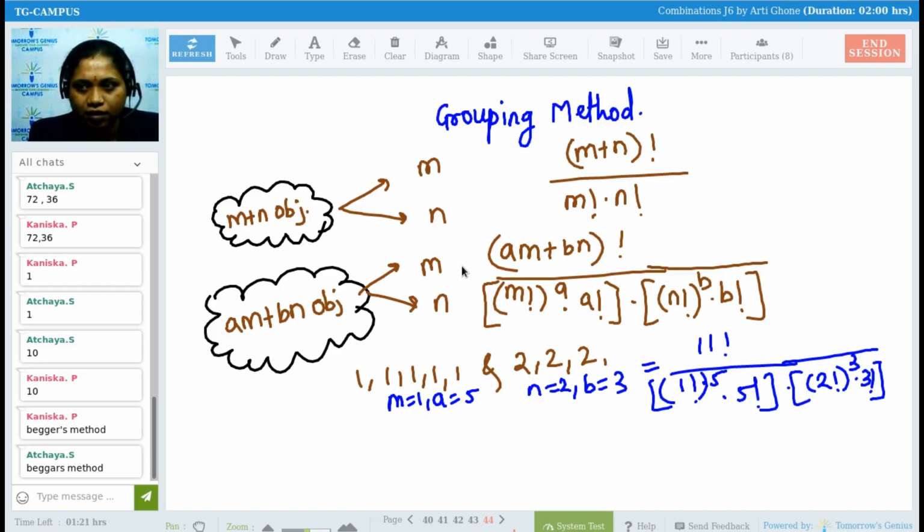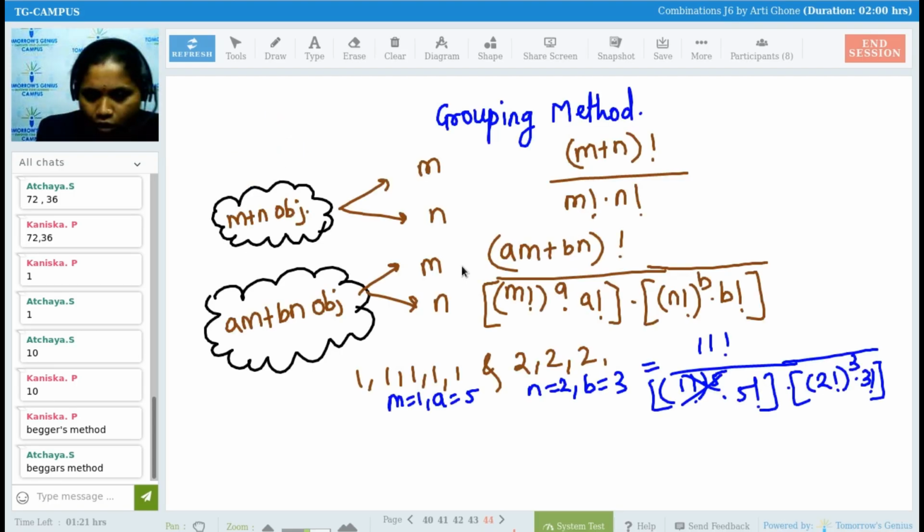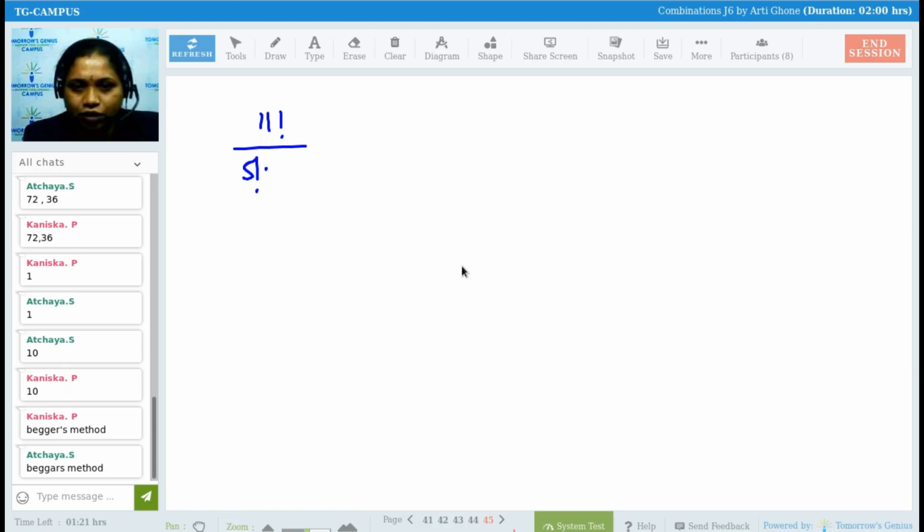Done? Can you produce the calculation? 1 factorial raised to 5 is nothing. So we can take the calculation as 11 factorial upon 5 factorial into 2 factorial cube. That is 2 cube is 8, into 3 factorial.